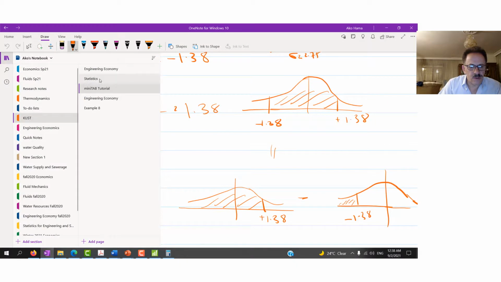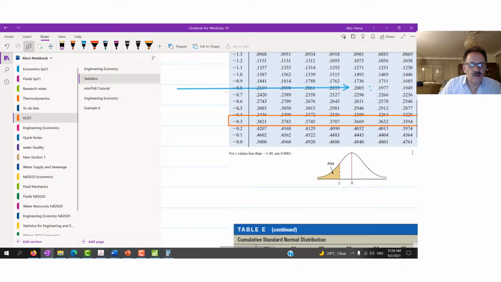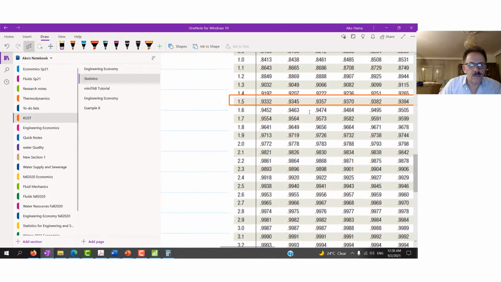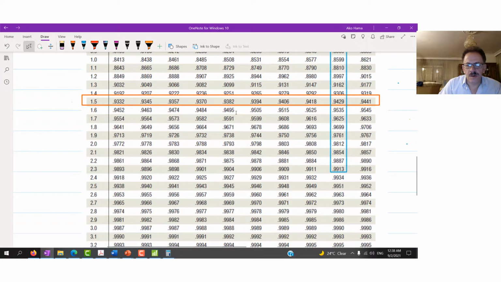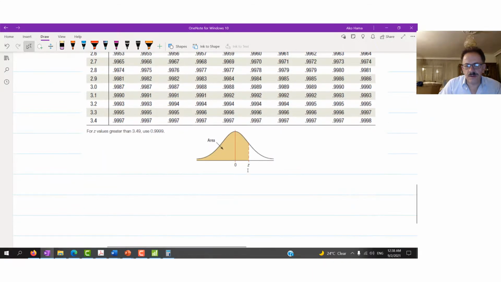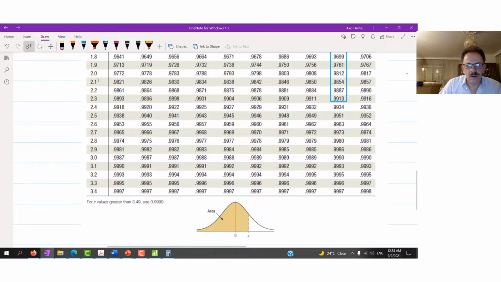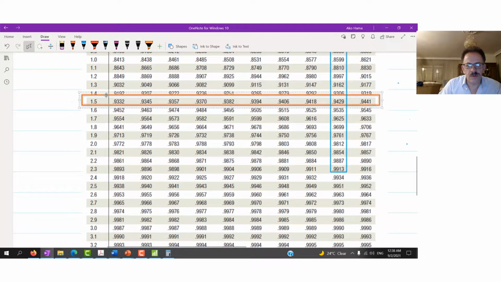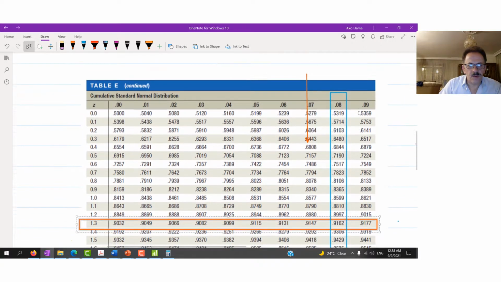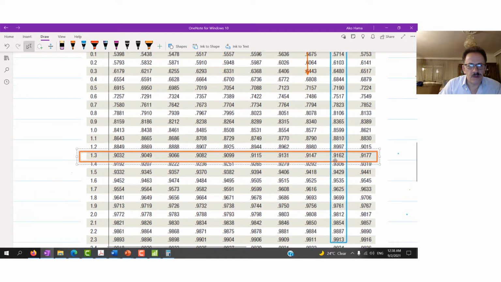So what will be the 1.38? Here's the 1.38. So 1.3, this is 1.3, and what will be the 8? Here's the 8.